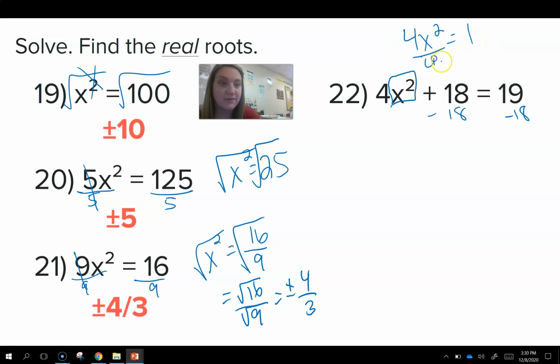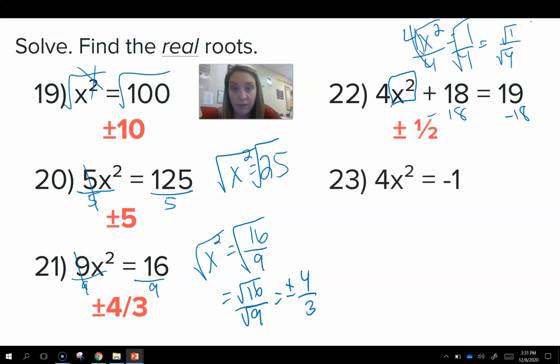Now we will divide both sides by 4. I have x squared equals 1/4, right? I can finally undo my x squared by square rooting both sides. Square root of 1 is 1. Square root of 4, right? Square root of 1 over square root of 4. So that gives me positive and negative 1 over 2.